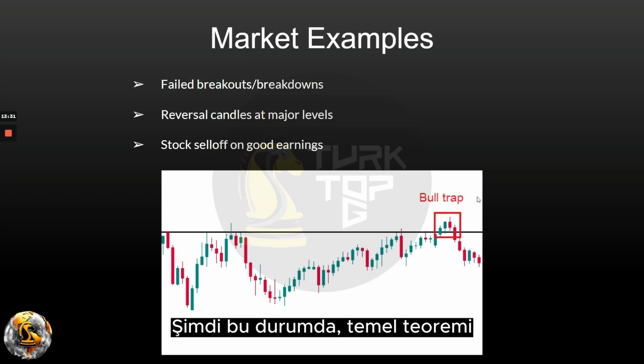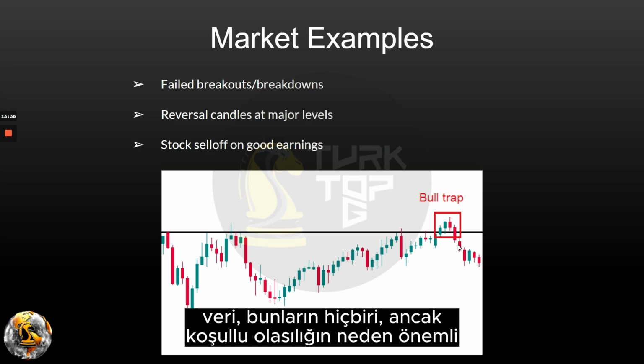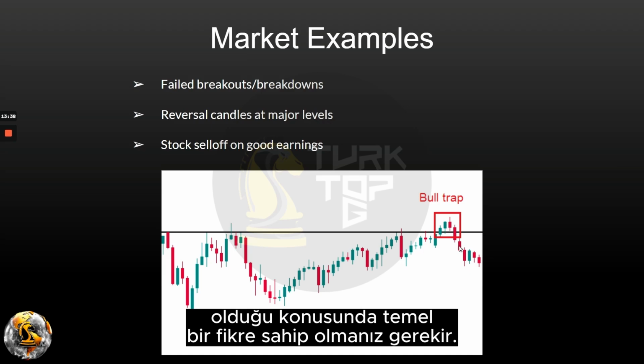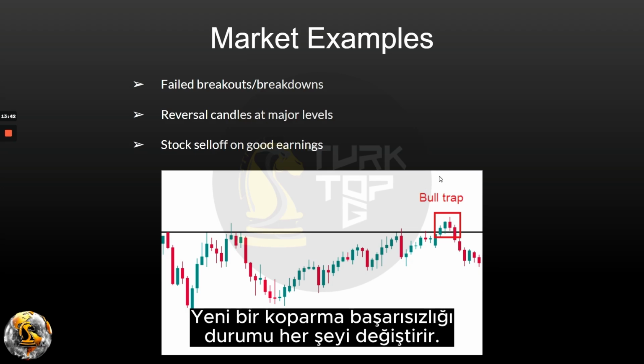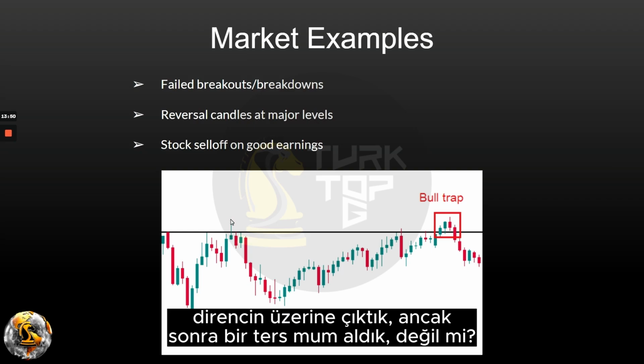Now, in this case, we are not using Bayes' theorem. We don't really care much about the historical data, none of that stuff. But you need to have a basic idea of why conditional probabilities are important. A new condition, a breakout failed, changes everything. If you get a reversal candle at major levels, here, we just broke above this resistance, but then we got a reversal candle.